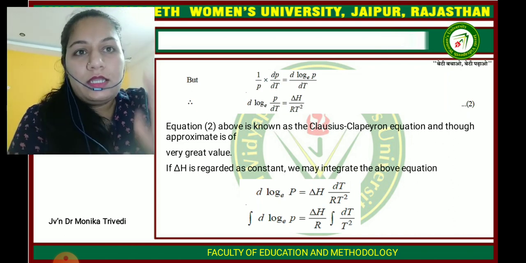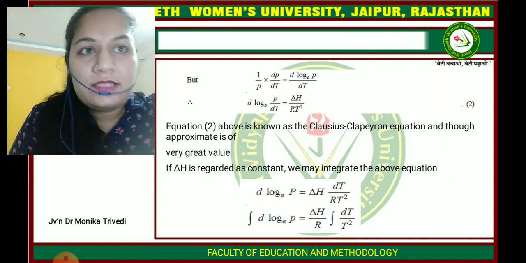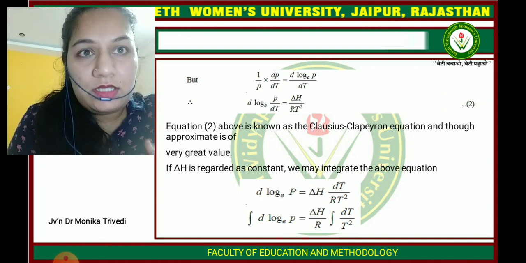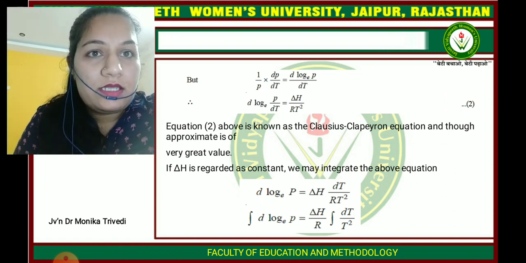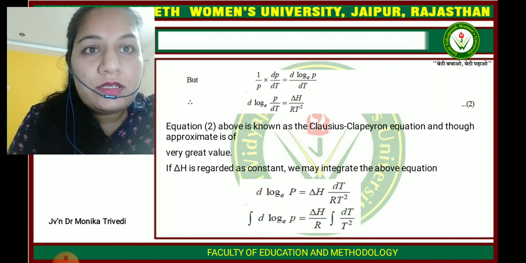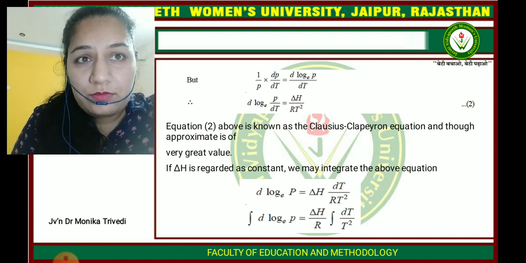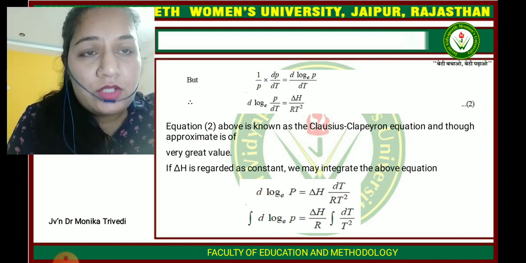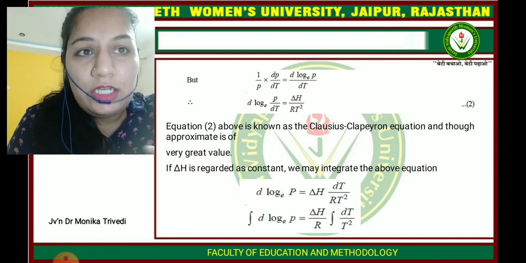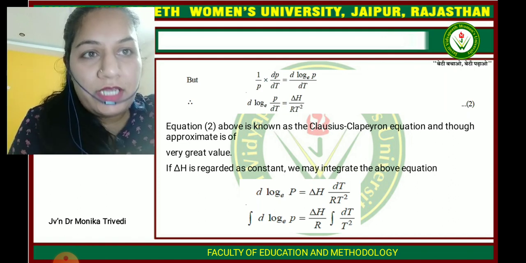Equation 2 is known as the Clausius-Clapeyron equation, and with this equation we can evaluate the change in enthalpy. So we get d log e P equals del H dT by RT square.